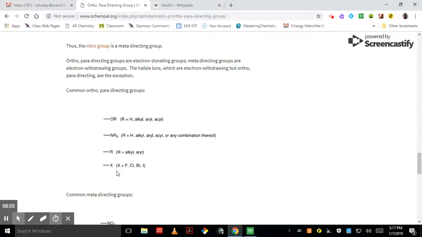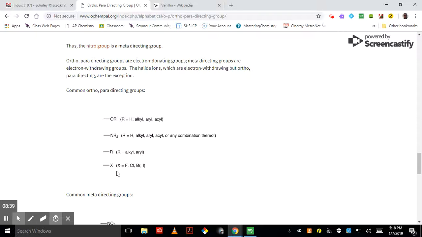X, which are halogens, are actually highly electronegative and do pull electrons away from the ring. They're actually deactivating. But they're still ortho-para directors because of all those electrons around them. Those electrons can be used to form the resonance structures. So even though they have a high electronegativity and are pulling on the ring, the fact that they have so many extra electrons available in their outer shell still makes them ortho-para directors.